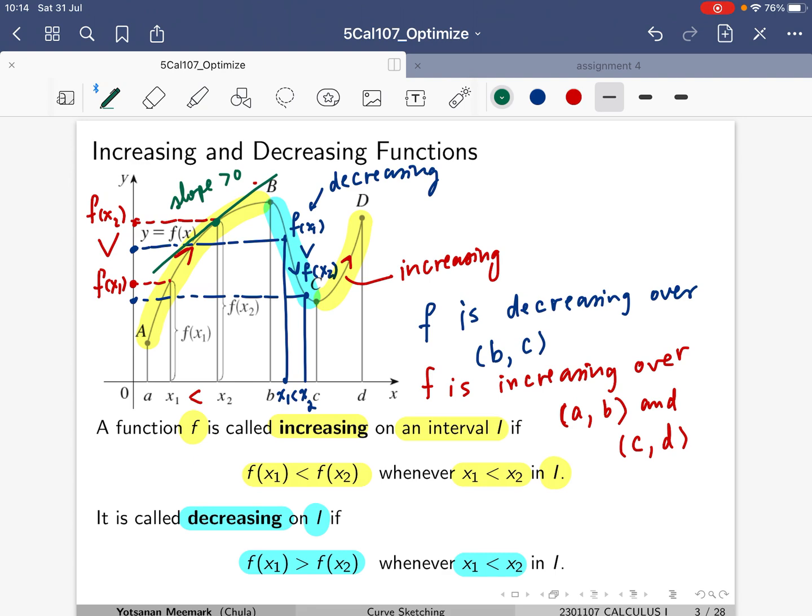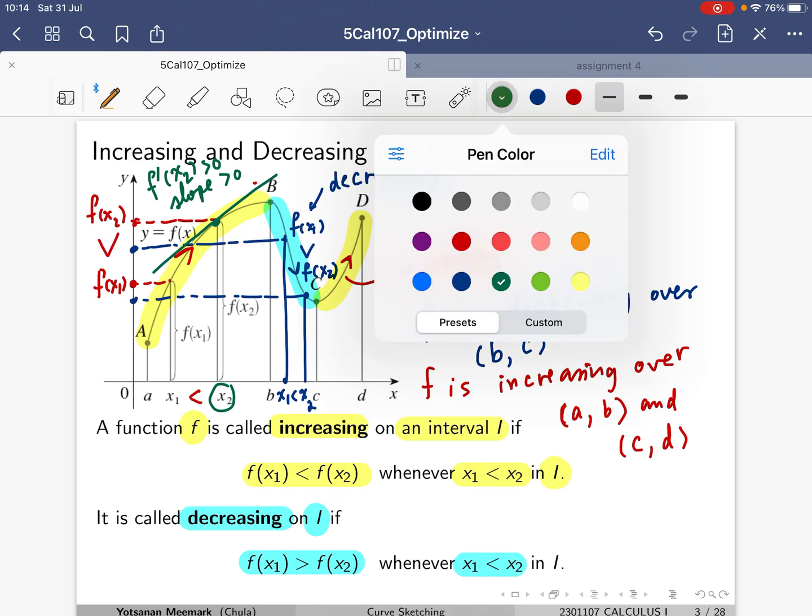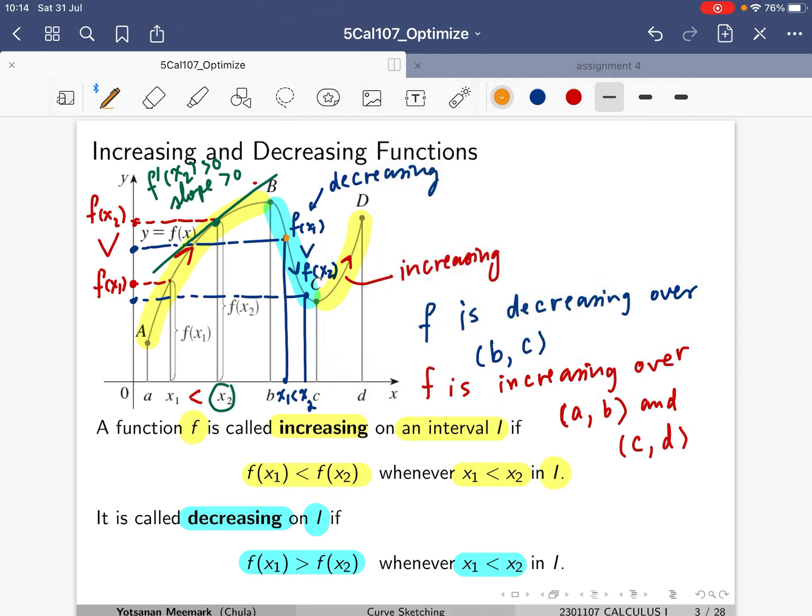But what is the slope of the tangent line? It is f prime at that particular point, right? For example, this one at x2 is positive. However, if you look at the other way around, for example here, the tangent line may be this one and the tangent line may be that one, and the slope here is negative, or your f prime at this point, let's say x2 here, is negative.